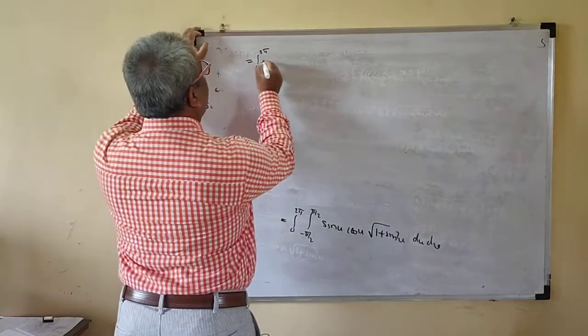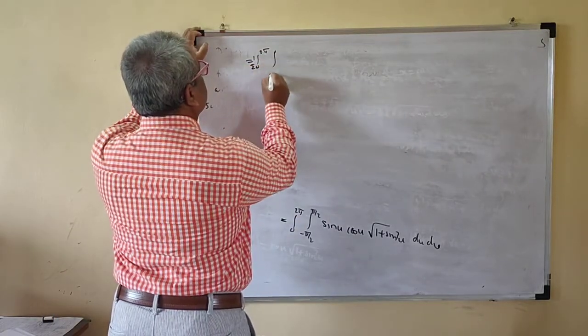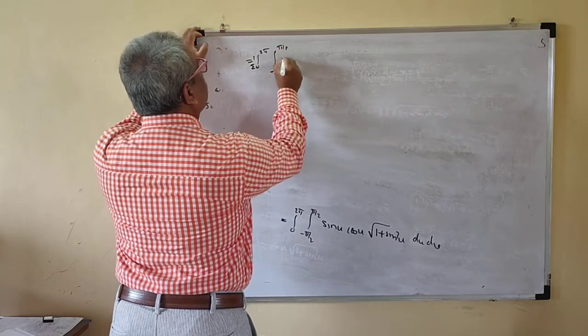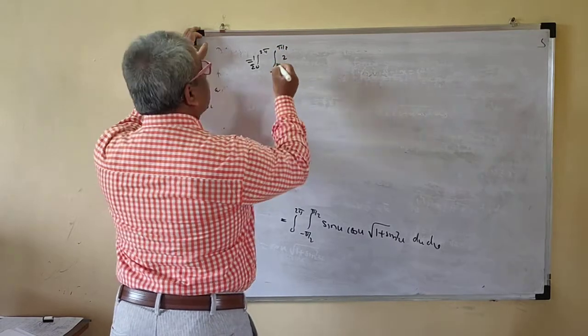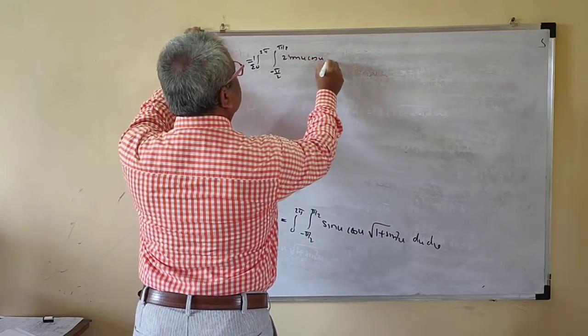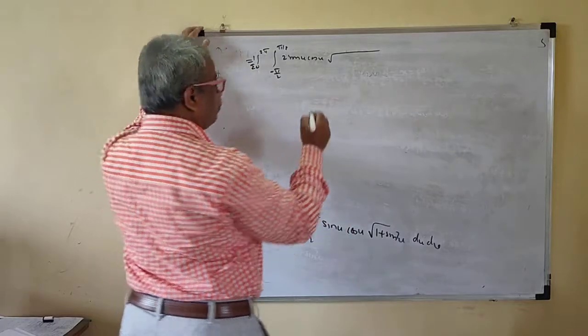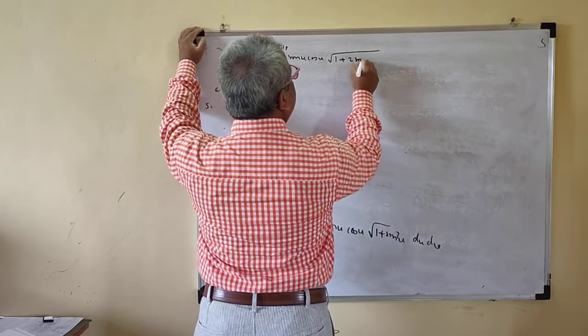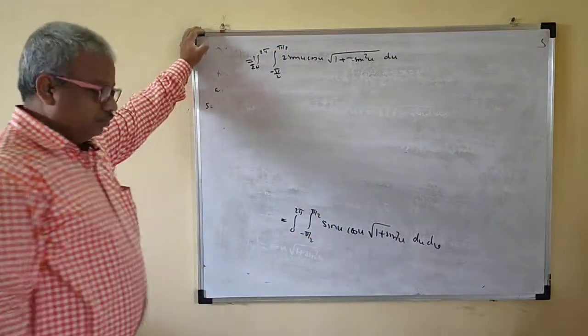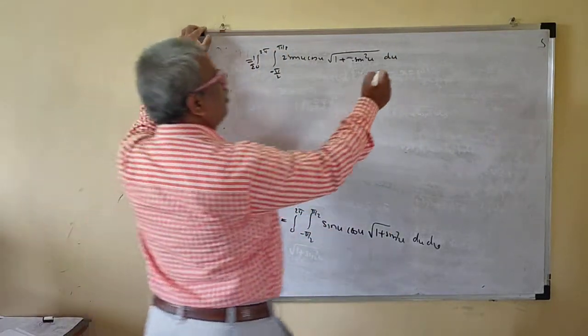I write this half, and this is what? Minus pi by 2 to pi by 2, 2 sin u cos u into root of 1 plus sin square u du, dv.